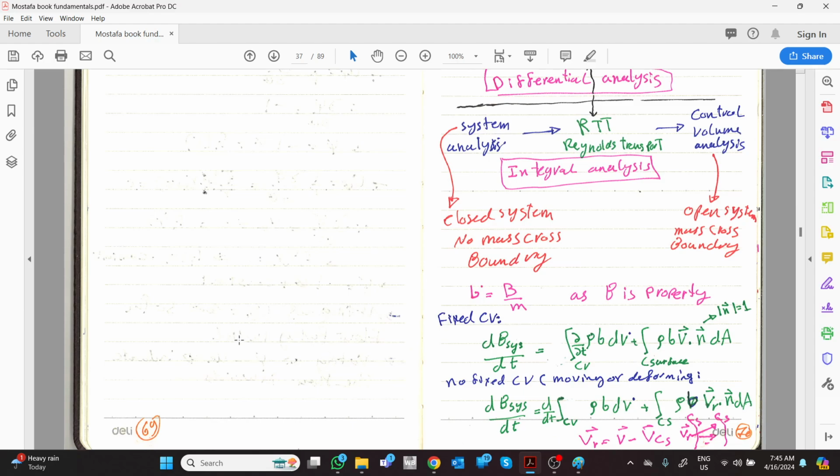Because the control volume is moving, it is okay, but here the velocity should be relative, which means it is the velocity vector minus the velocity of the control surface itself. So if the cube is moving like this with velocity 1, and I have a velocity in this direction equal to 2, then the relative velocity is 2 minus 1. That's it. Okay, this is the relative velocity.